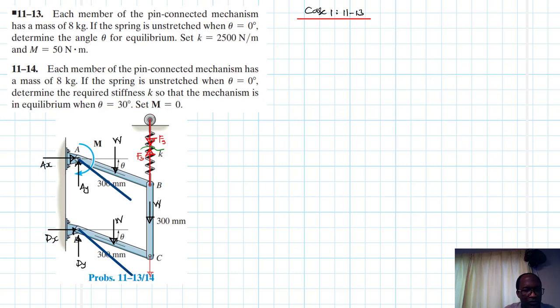This is good enough, I think. All right, there we go. So we have something like that, and then of course at C we also have a movement in this direction, and a movement in this direction as well.